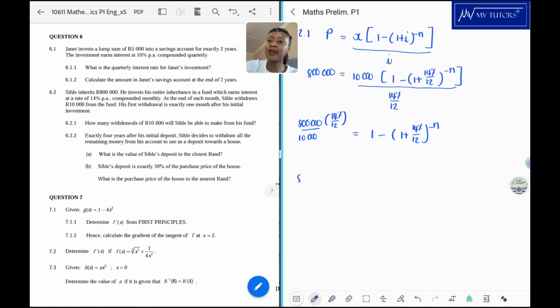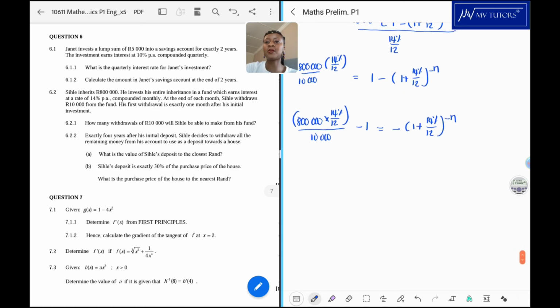So I have 800,000 multiplied by 14% over 12, all over 10,000, minus 1. So I've taken 1 to the other side. Now I have a negative 1 plus 14% over 12 to the power negative N.